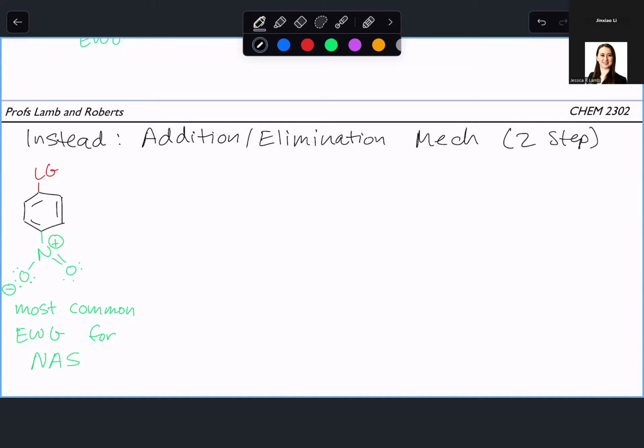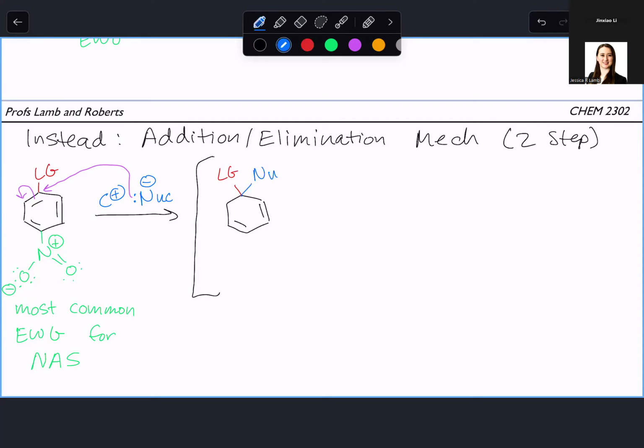Okay, so first step of our mechanism, we have our nucleophile. Nucleophile attacks electrophile, break the weakest bond, which is the pi bond. I'm going to put that on the closest carbon for now. Okay, so what did I do? I have my leaving group and my nucleophile attached to the same carbon.